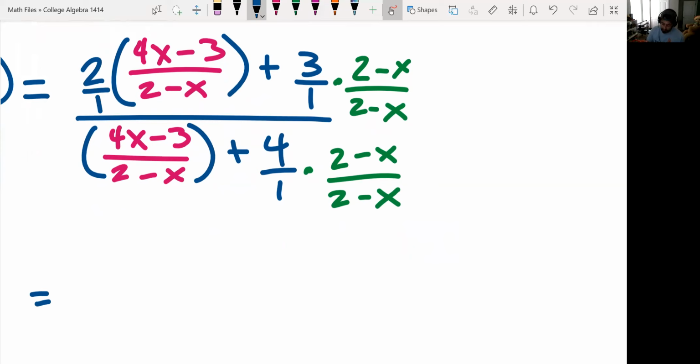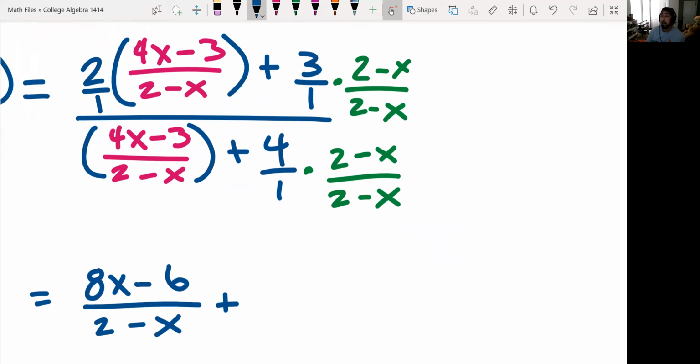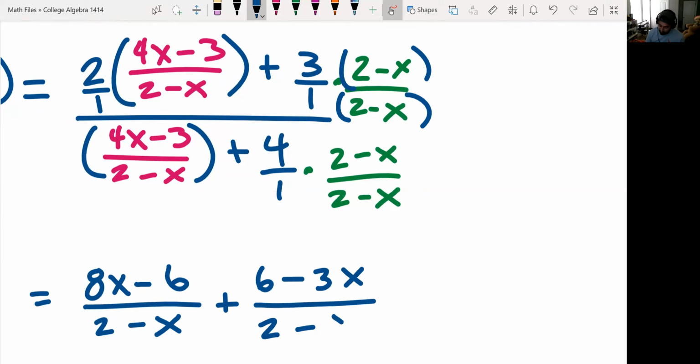And if I distribute that 2, you'll get 8x minus 6 over 2 minus x plus, and also, I'm going to distribute that 3. Why not? 6 minus 3x over 2 minus x.